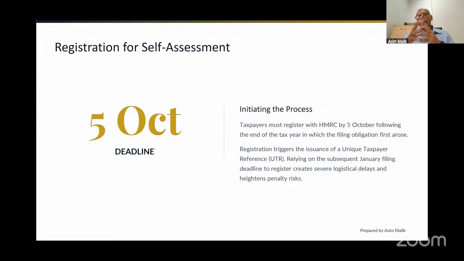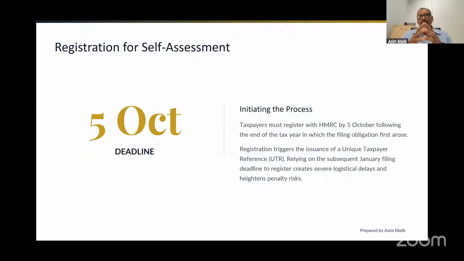Now, when do we apply for a UTR number if you have never got one? As soon as possible, but the registration deadline is 5th of October. So if you are liable to pay tax, for example, in the year 25-26, then you have until 5th of October to apply for a UTR number.